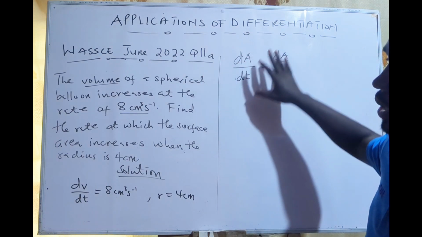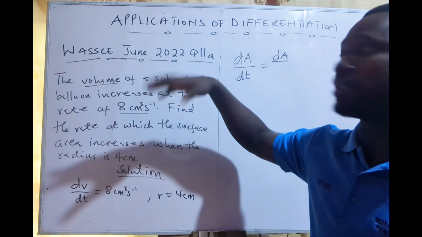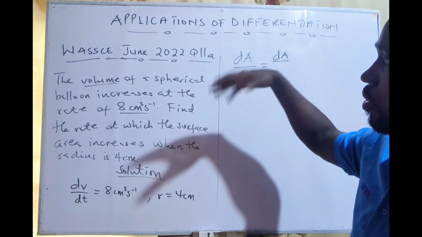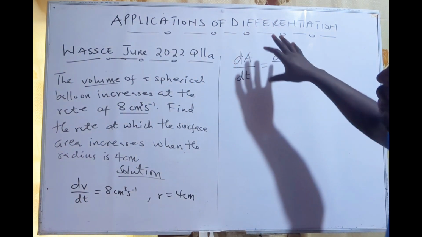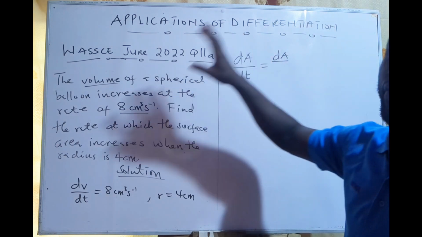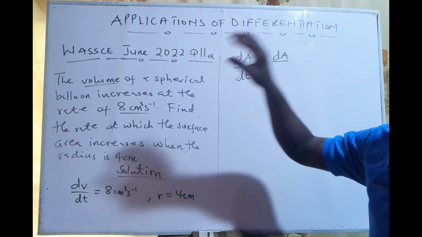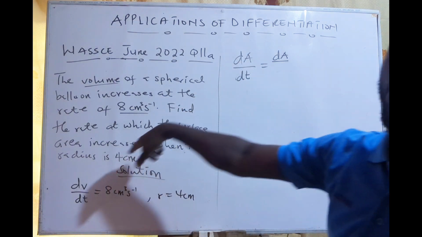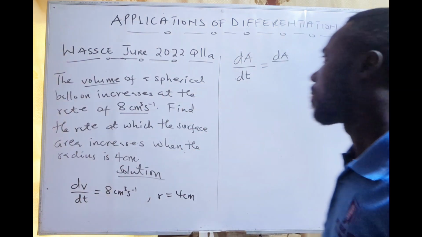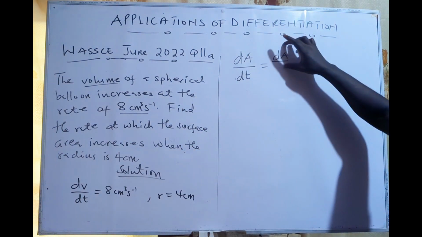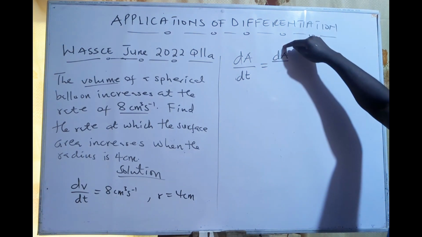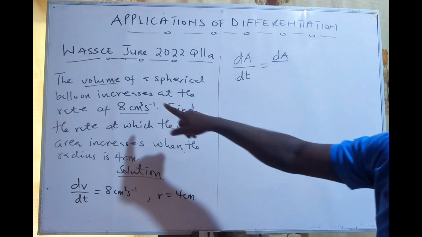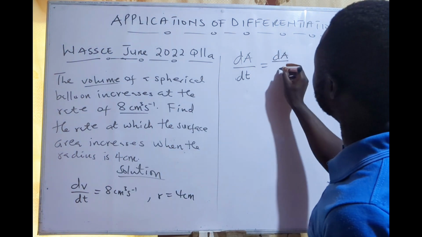When I look at the area of a sphere, or the volume of a sphere, it involves the radius. The area doesn't involve the volume, neither does the volume involve the area. So when you are finding the change of the area, you have to find it with respect to the radius, not the volume.